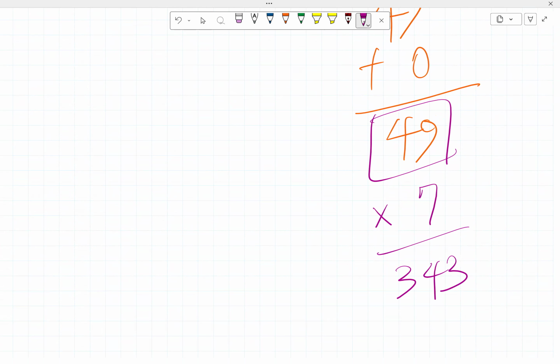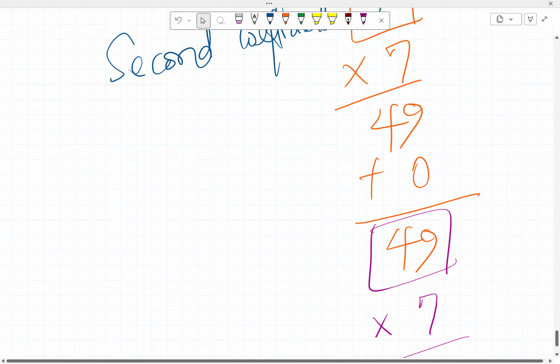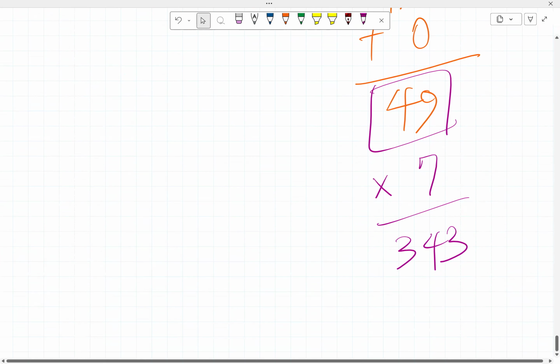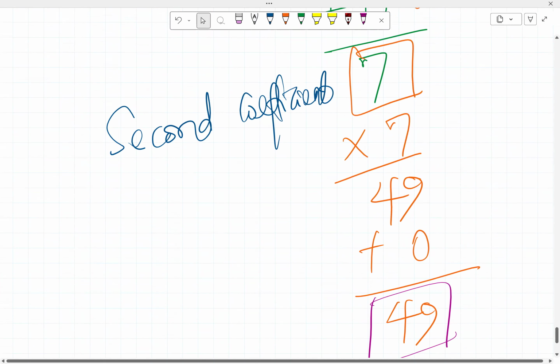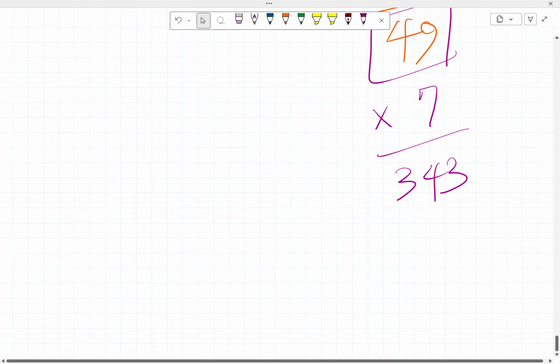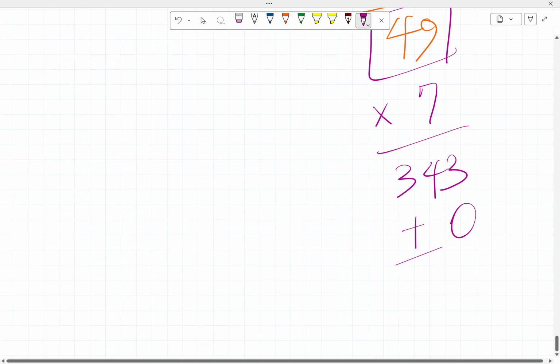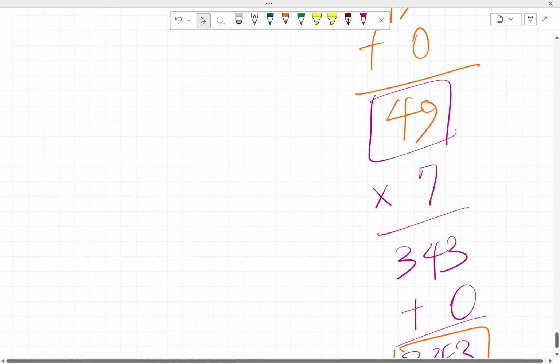So multiply by 7. After multiplying by 7, you add the third 0, which is the third coefficient. That is 343. So now once you add again, you want to pay attention to this other coefficient. That's 343. So that is here.